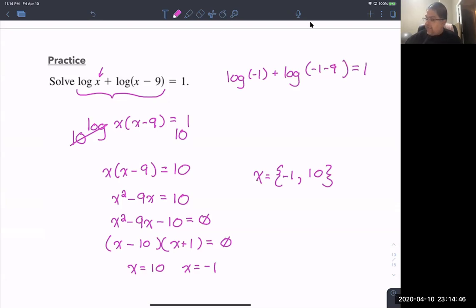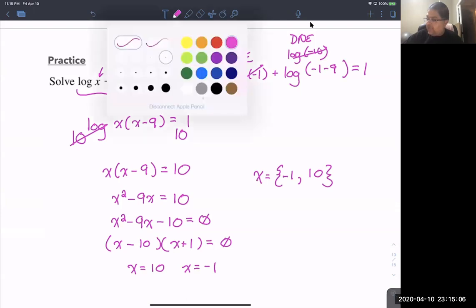Well, that's a problem. I can't take the log of negative 1. This does not exist. And this becomes log of negative 10. And again, this portion does not exist. So having x be negative 1 violates my properties or rules of logs. So I have to eliminate that answer.